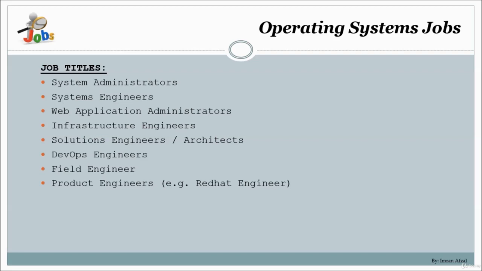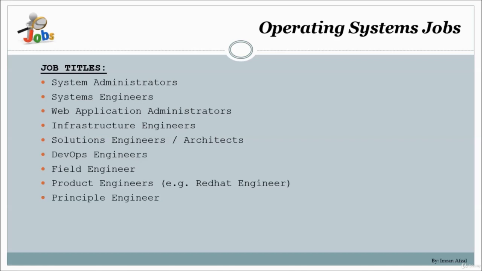So when they sell those technologies to the consumers, to the clients, these product engineers are the ones who travel with the sales guys to help them sell that product and tell them about the technology.